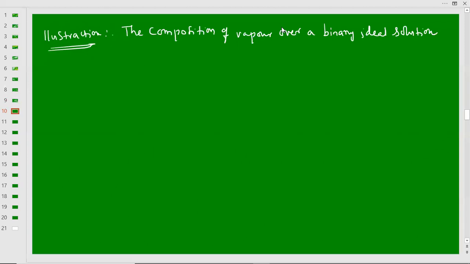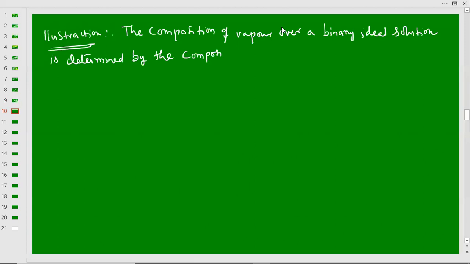The composition of vapor over a binary ideal solution is determined by the composition of the liquid.